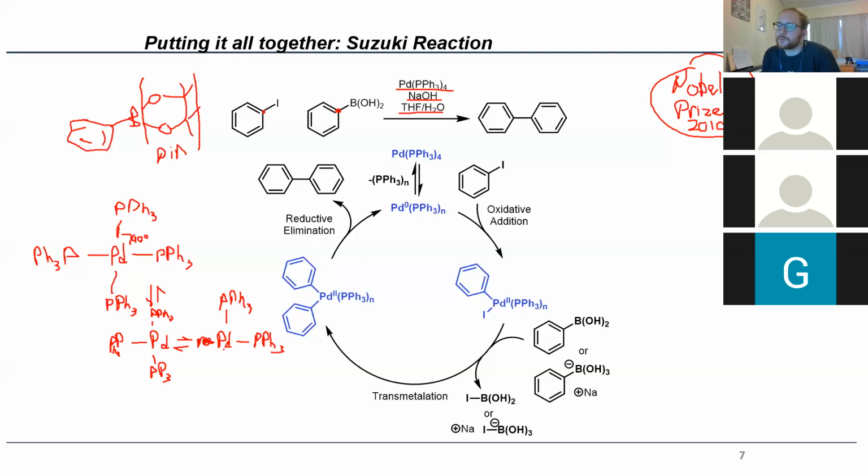Now that we have this, we have some open coordination sites. These are free to bind something or to form our oxidative addition complex.